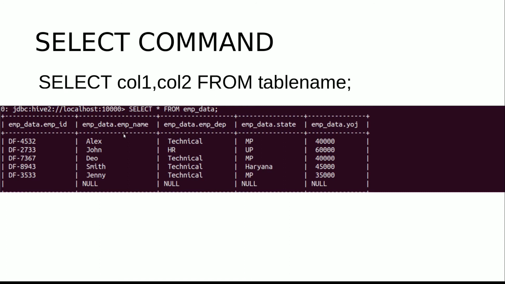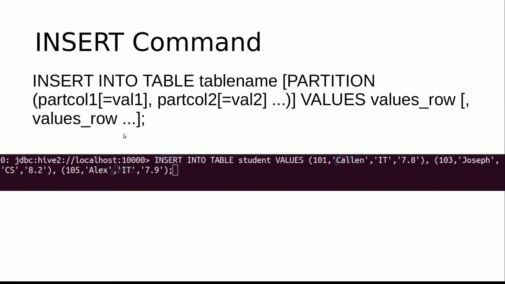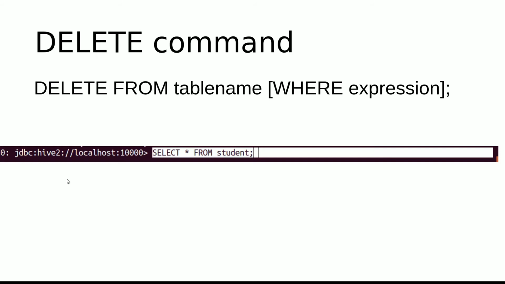Insert command is a MapReduce job, and it will insert a single value or multiple values. As you can see, there are multiple values over here, and it can insert all together into the table. Delete command is to delete all the values from the table as it is, and you can mention where also, like if you want to specifically delete any row or column, then you can do it.